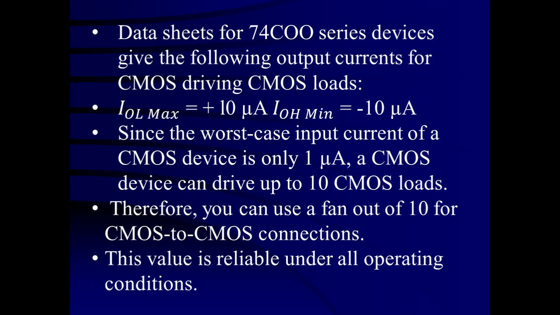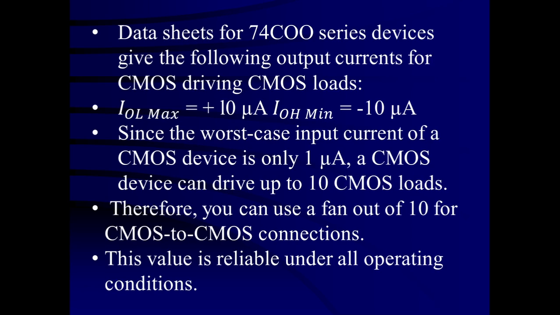When the driver output is in the high state, that is called IOH, the output current when the output is high. That means the P channel MOSFET is conducting and sourcing a maximum current of 10 microamperes in the worst case according to the data sheet. Since the worst case input current of a CMOS device is only 1 microampere, the CMOS device can drive up to 10 CMOS loads.